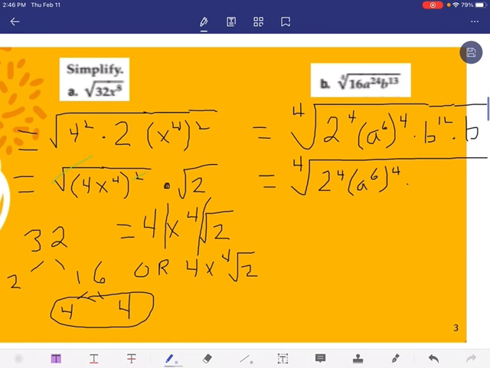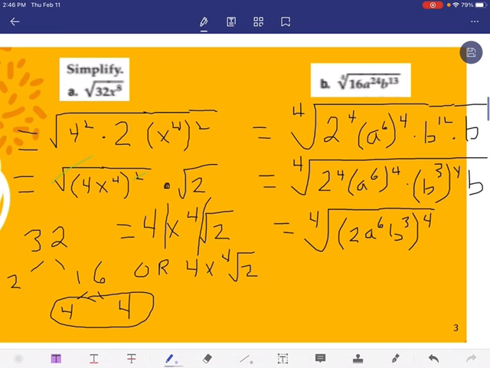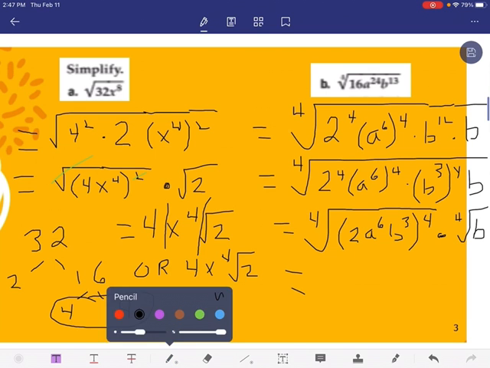So now notice that we can rewrite our b to the 12th as b to the 3rd to the 4th, again with our b left over. And we do this because now we can say 2a to the 6th, b to the 3rd, all raised to the 4th power, times, again, using our multiplication property, I have the 4th root of b.